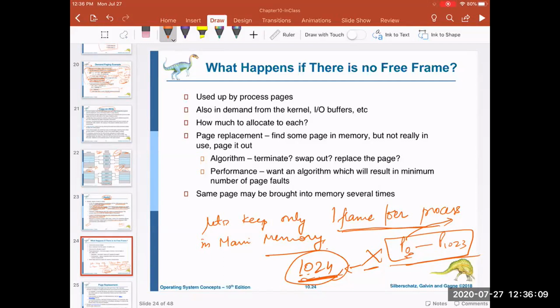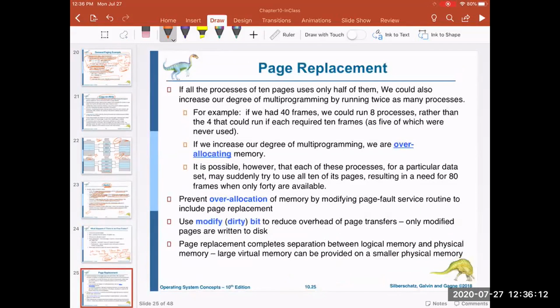And if we fix it, what would happen? Let us suppose we have 40 frames, and we have 10 pages for each process. So process 1 has 10 pages, process 2 has 10 pages, and so on. But we have only 40 frames. So if we are doing no demand paging, how many processes can execute?